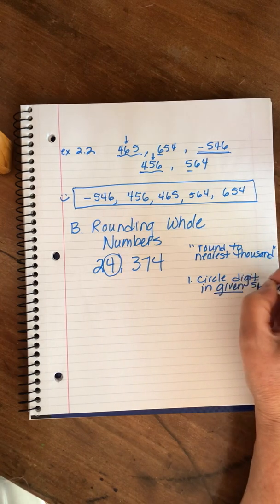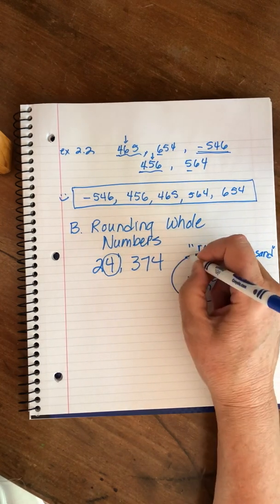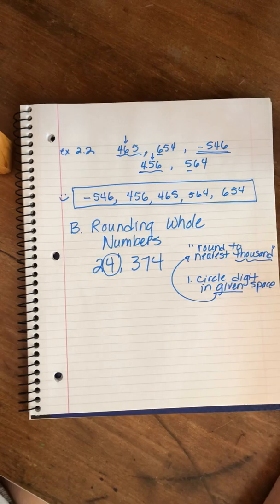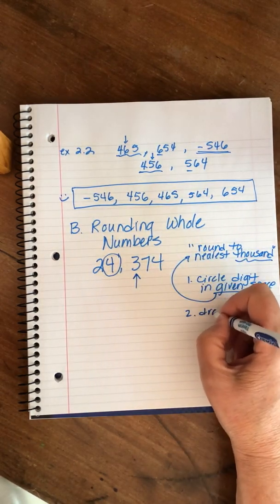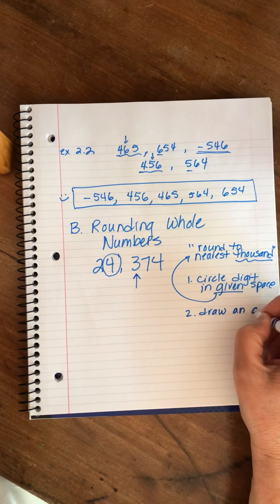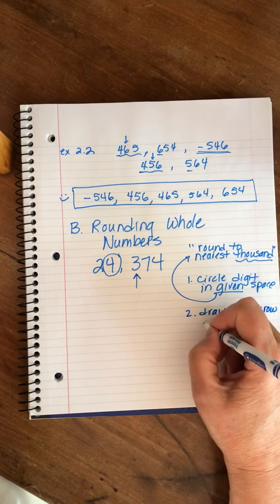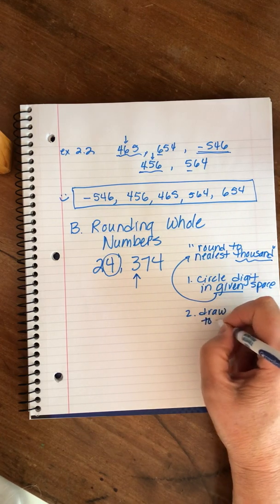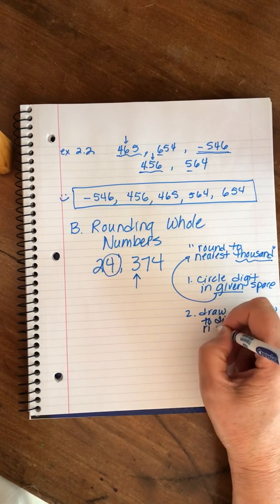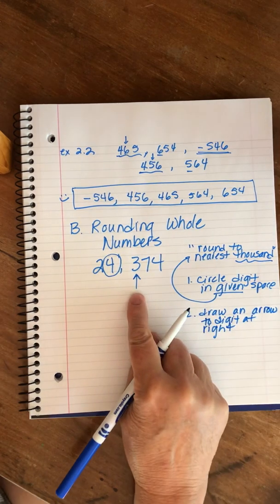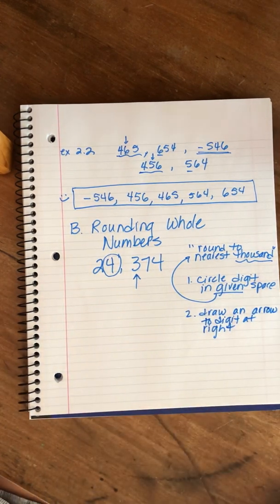By given, I mean in the instructions, right? This told us to round to the nearest thousand. Then we draw an arrow to the digit at the right. Okay? That's what I did right there. I'm going to pause and let you catch up.